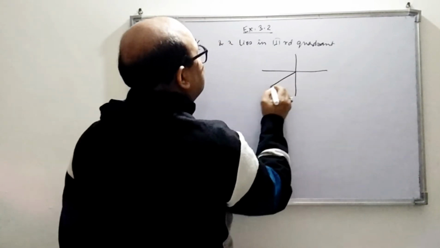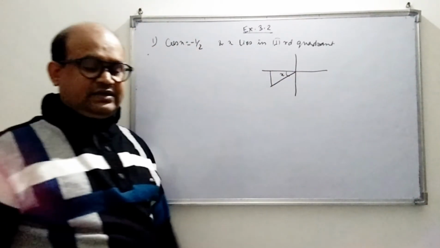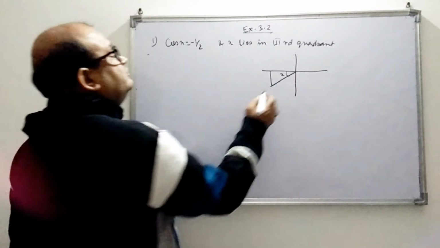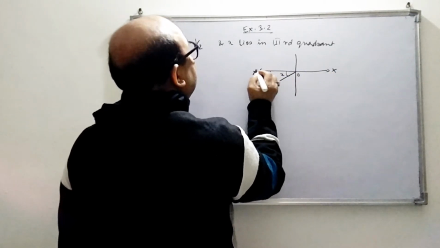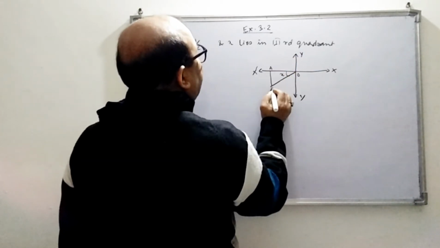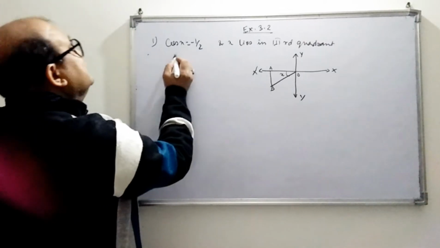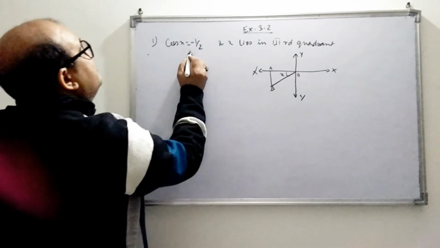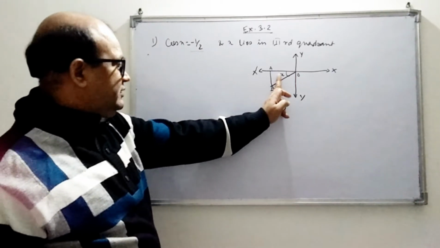This is x. Now cos x is minus 1 by 2, that is, x is in the third quadrant here.